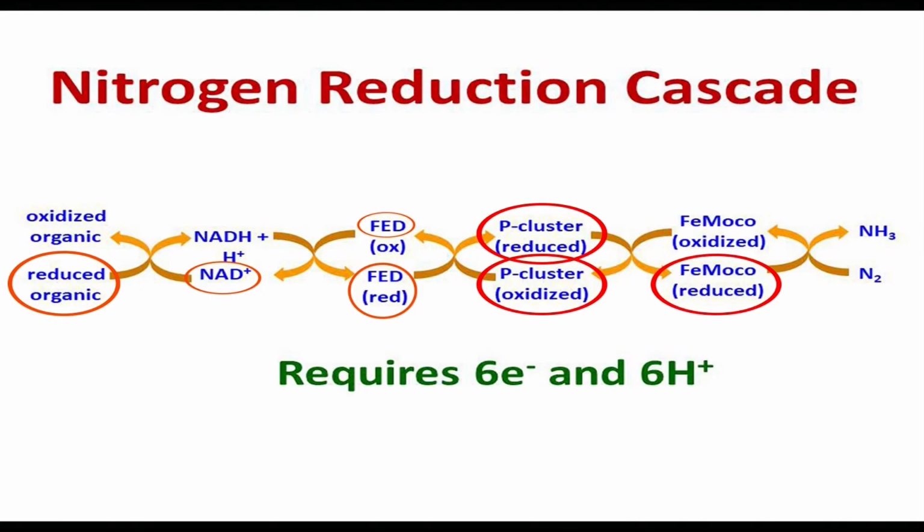And this iron molybdenum cofactor, where the reduction of dinitrogen actually takes place, requires a large number of electrons and protons, and it gives these electrons, and nitrogen is converted to ammonia in this way.